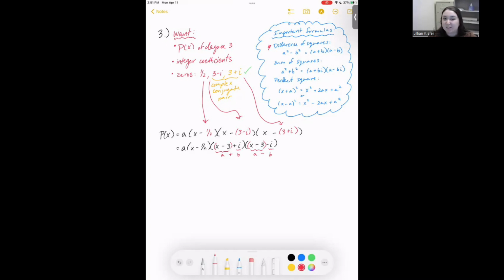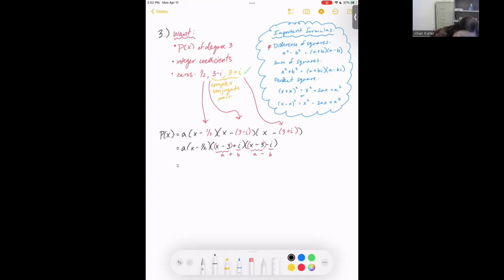Now we can use the difference of squares. And we just avoided multiplying a lot of things out. That's why we want to use these important formulas. We just avoided a whole lot of multiplication, a whole lot of time, a whole lot of energy. Nobody has time for that, okay? Just use the formula.